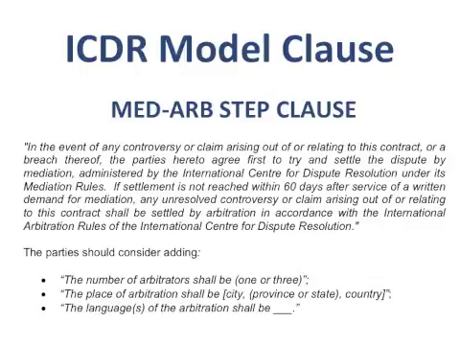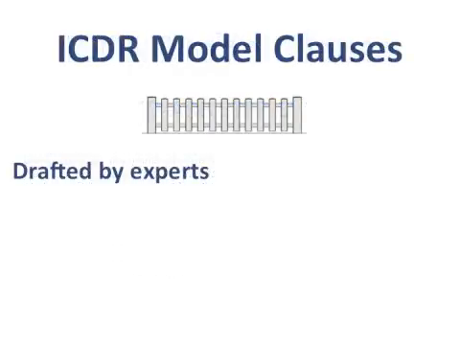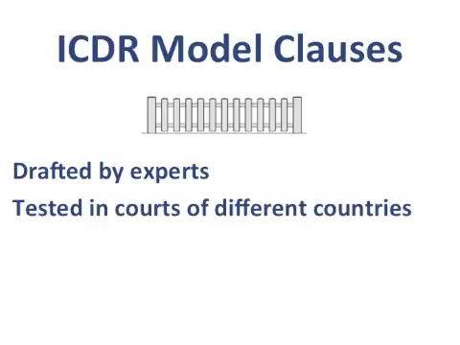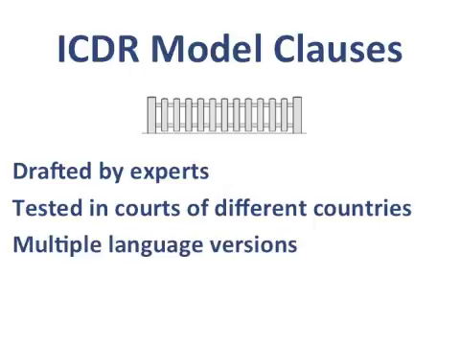There are a number of reasons that cutting and pasting model clauses will usually represent the best possible lawyering for an international contract. The text of the clauses is produced by experts at enforcing arbitration awards in different jurisdictions around the world. Model clauses are often tested in the courts of different countries, unlike customized clauses drafted by the parties' lawyers, which are unlikely to have come up in previous court decisions.